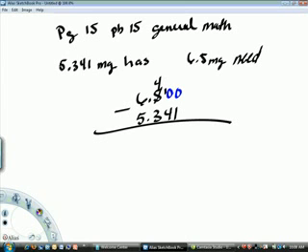Then you give it to the next one over, and then since you still need 1, you make that a 9. And this becomes a 1, so 10. And so when you do the subtraction, you get 1.159. Right. That's how many more milligrams of the compound she needs, or the chemical.